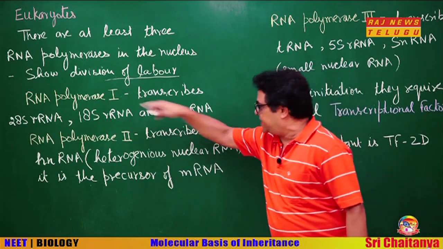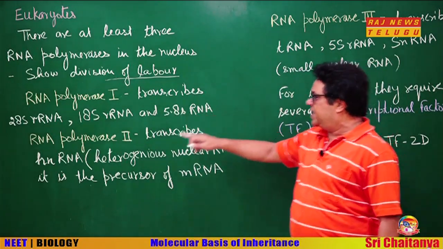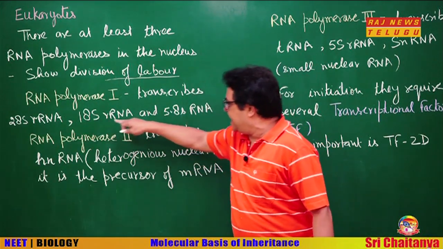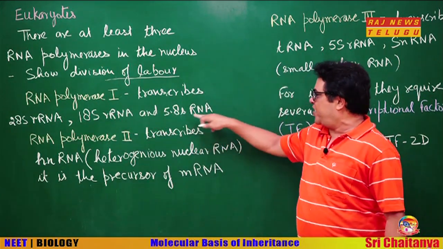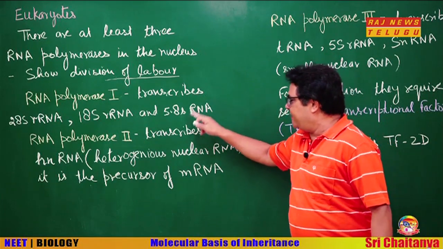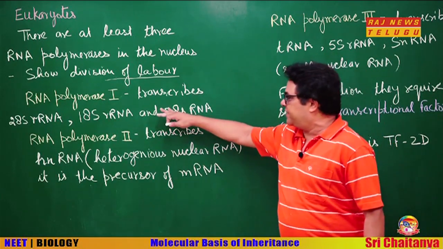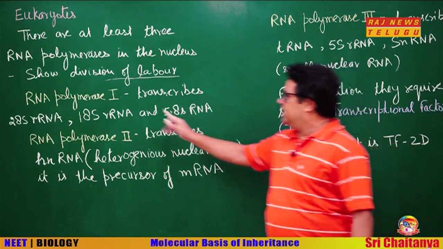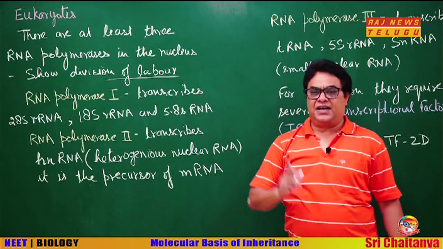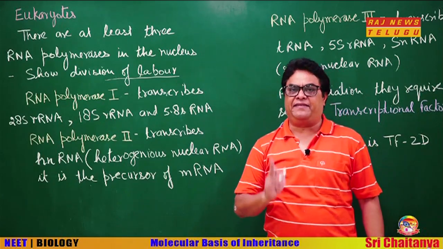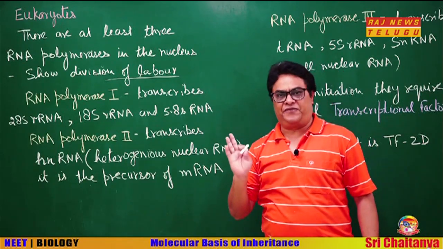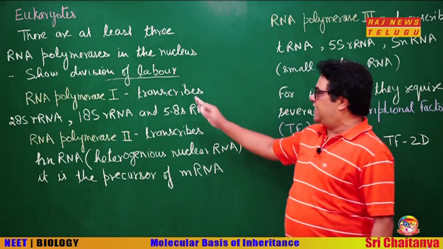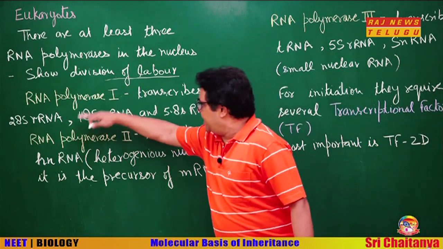RNA polymerase first transcribes 28S ribosomal RNA, 18S rRNA and 5.8S rRNA. We have already studied all these different types of RNA when we were studying types of RNA. It means RNA polymerase 1 does not transcribe the 5S rRNA in case of eukaryotes. It is transcribed by some other RNA polymerase. All other rRNA it transcribes.